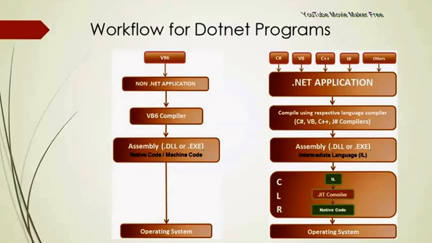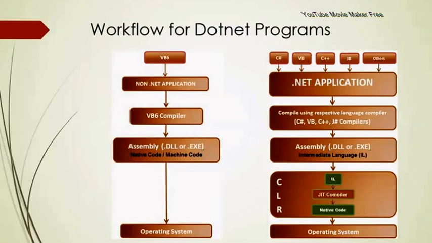C#, VB, and J# can only generate managed code, that is IL, whereas C++ can generate both managed code and unmanaged code. The unmanaged code, that is the native code, is not stored permanently anywhere. After we close the program, the native code is thrown away. When we execute the program again, the native code gets generated again.